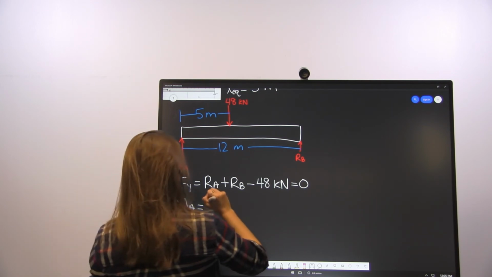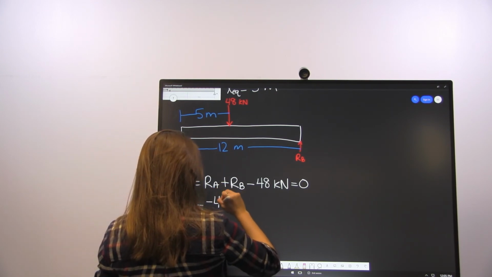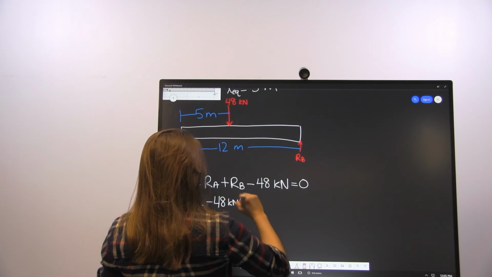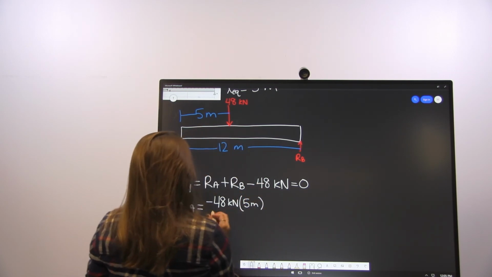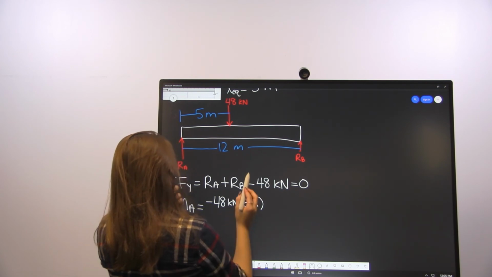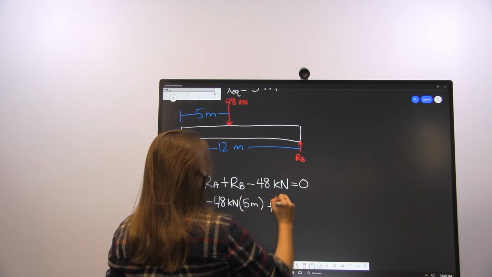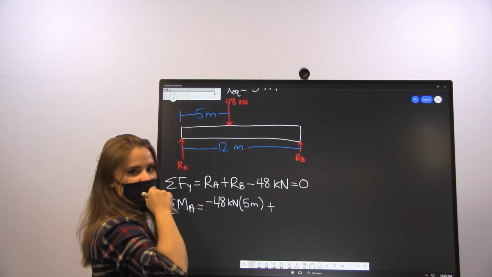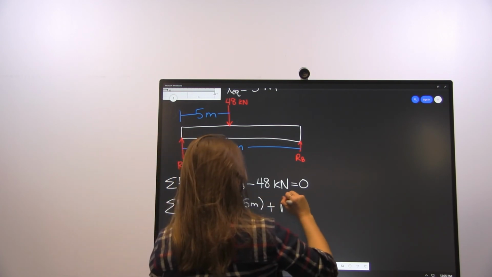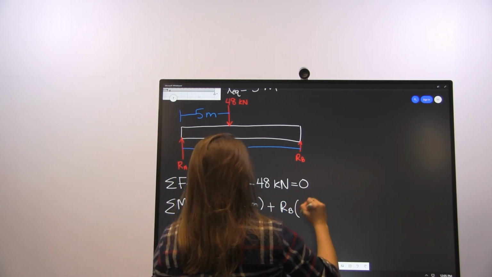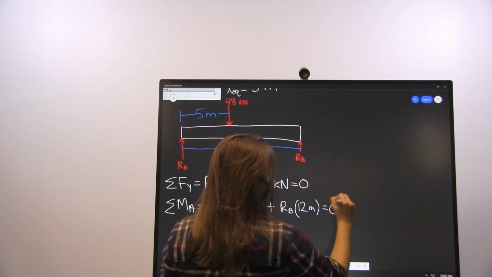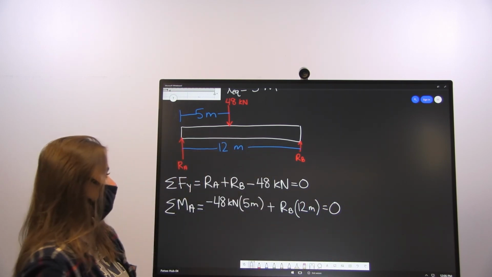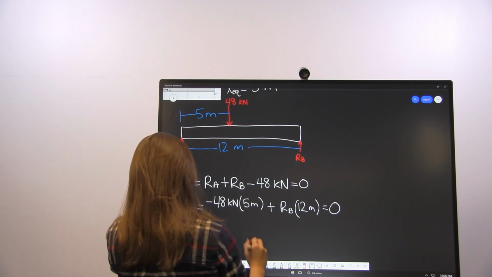So that's going to be negative 48 kilonewtons times 5 meters. And then we have our reaction at B. That's going to create a counterclockwise rotation, so that's going to be positive. Our reaction force at B times 12 meters, because that's 12 meters apart, and that's equal to 0. And from there, we can solve for our reaction force at B.